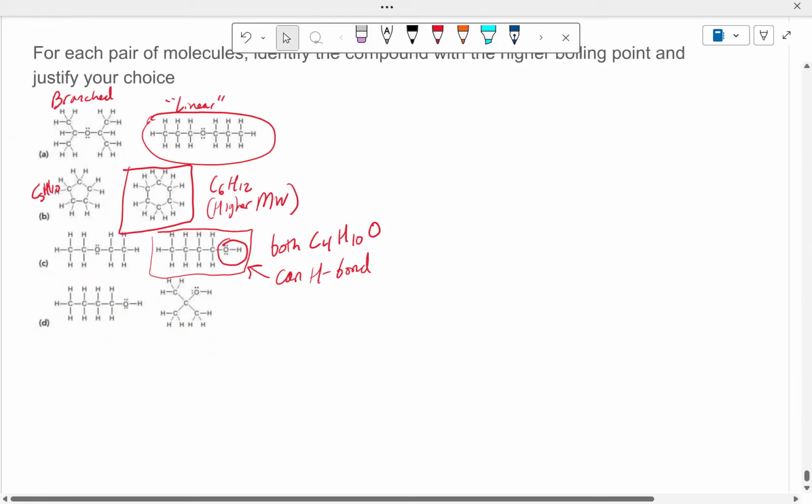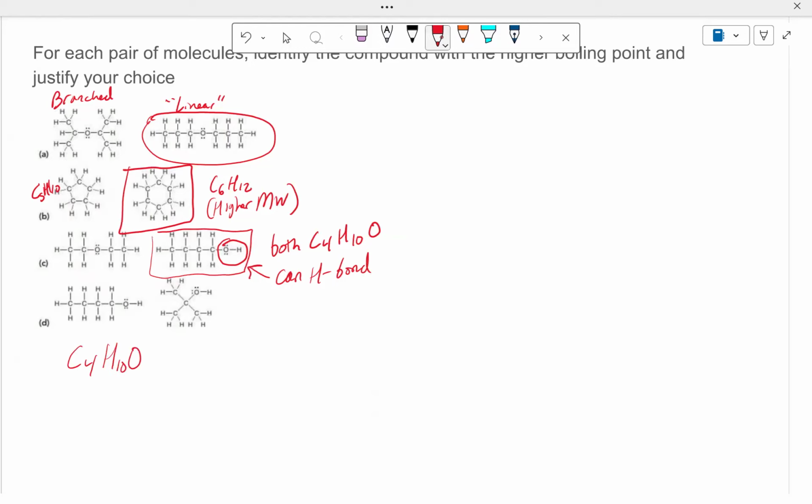And then finally with D, we take a look again. They both have the same formula, C4H10O. Now both of them have an OH group, so they both can hydrogen bond. They're both polar. What's the only other way that we can tell which compound has the higher boiling point?